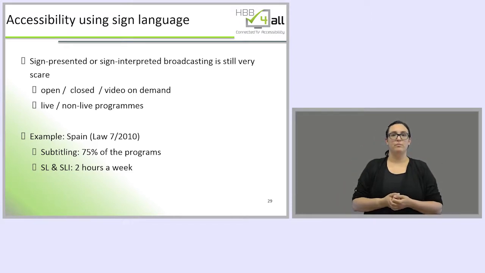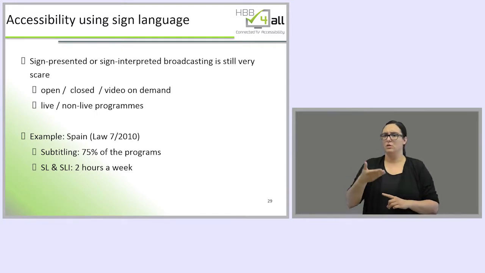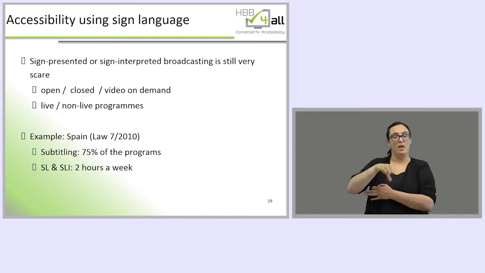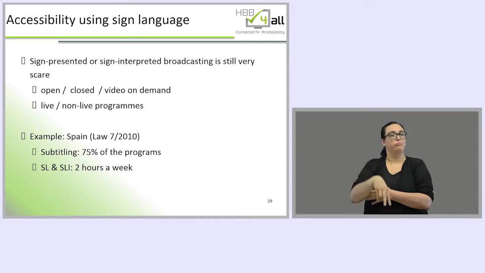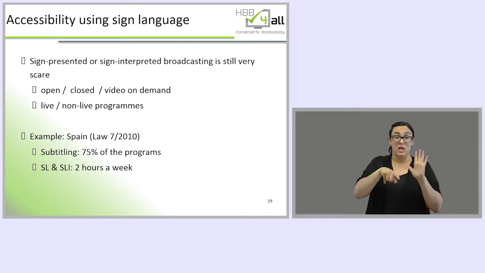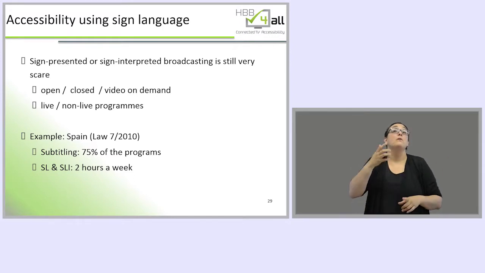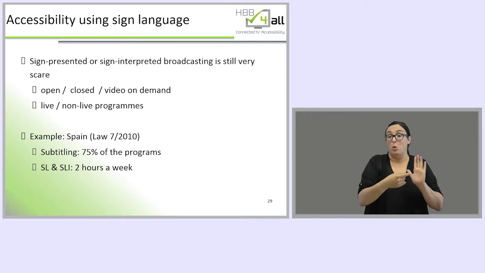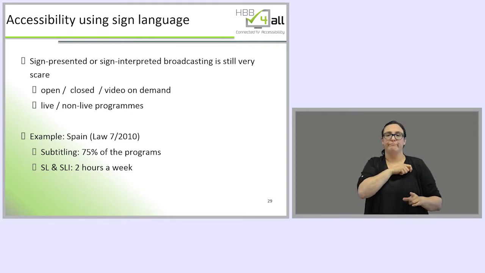Another important fact is that even though the UN Convention recognizes the right for deaf people to access information using sign languages, not all the countries have a legal or non-legal text that recognizes this right. And even when this is the case, for example, in Spain, sign language accessibility is still very scarce.